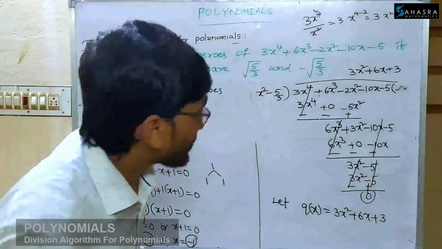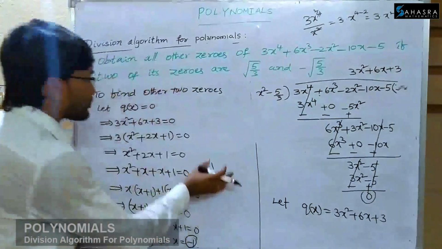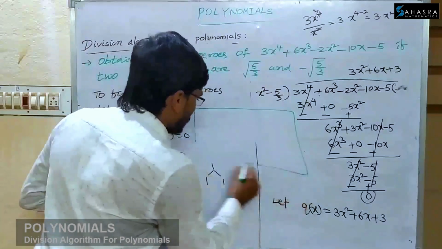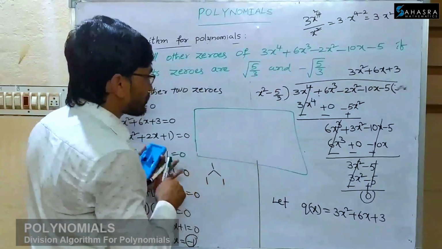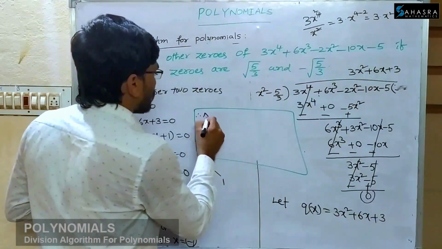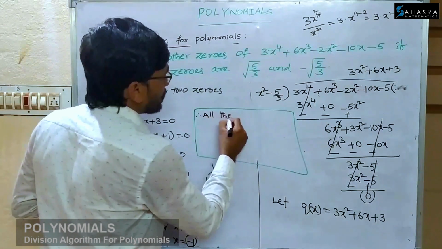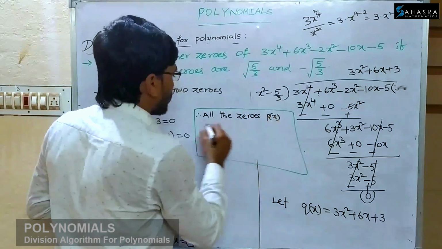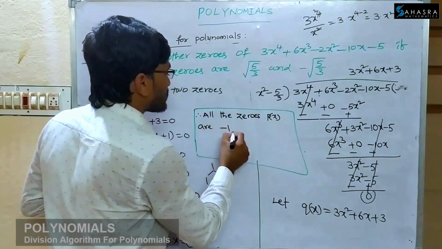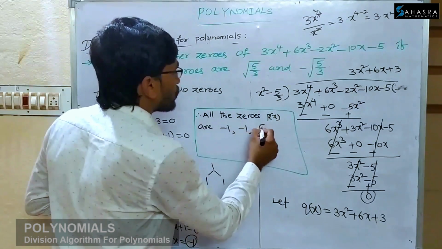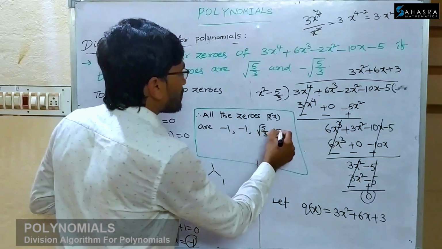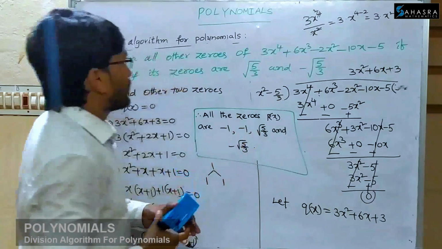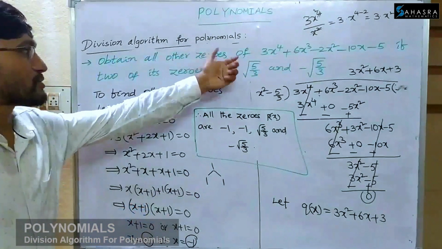So finally all the zeros of p of x are minus 1, minus 1, root 5 by 3 and minus root of 5 by 3. This is about all the zeros of the polynomial.